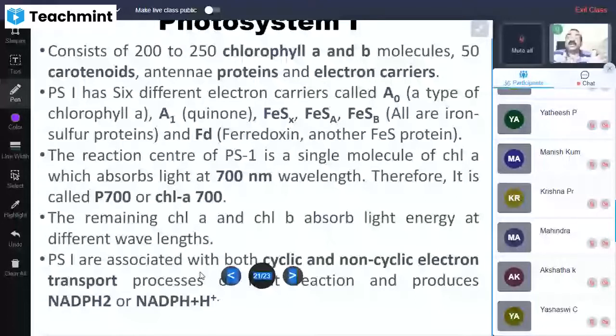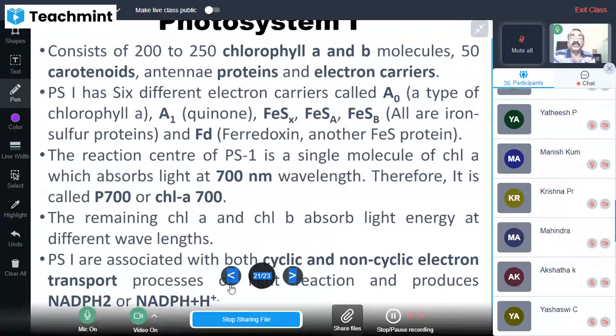One is called cyclic electron transport, the other one is called non-cyclic electron transport. So PS1 is required for both cyclic and non-cyclic processes, and it is also involved in the formation of NADPH. NADPH is very essential for converting carbon dioxide into carbohydrate during dark reaction. Remember this, okay? So these are the important points regarding photosystem 1.